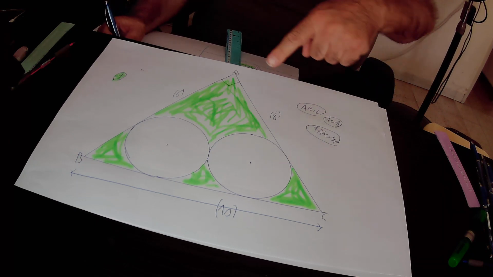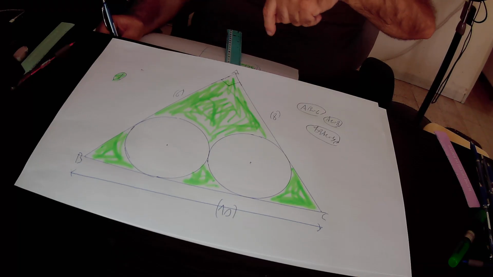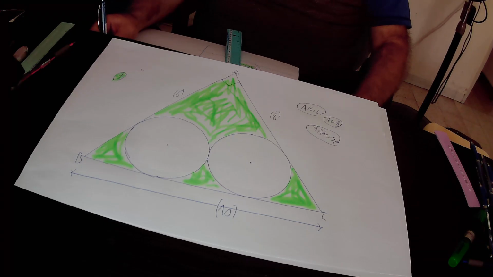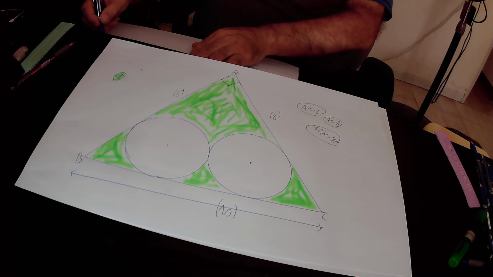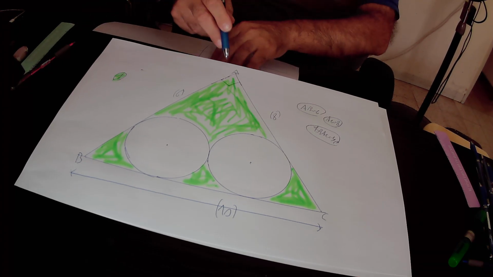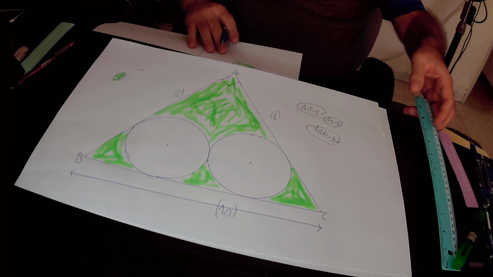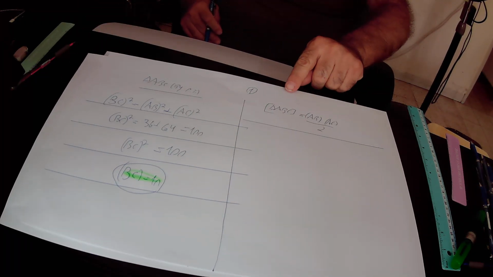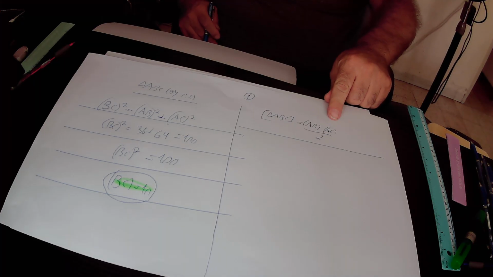The height is AC because it's at 90 degrees with the base AB. This angle equals 90 degrees. So the height is AC. So we found out that the area of this right triangle ABC is equal to the base AB times the height AC over 2.